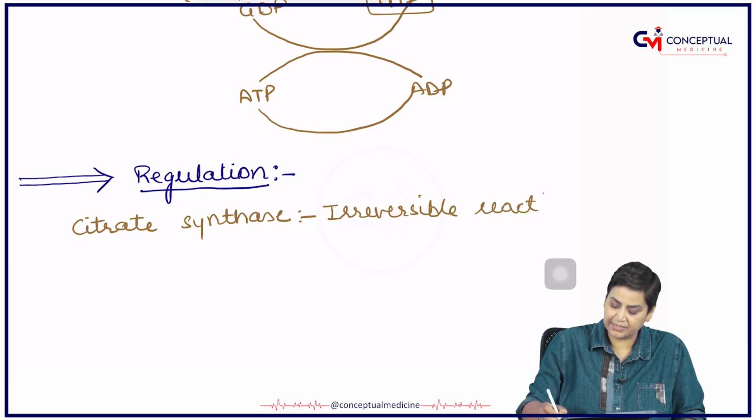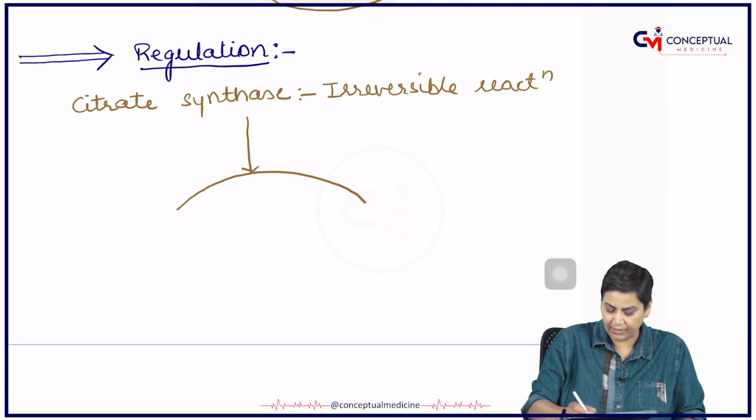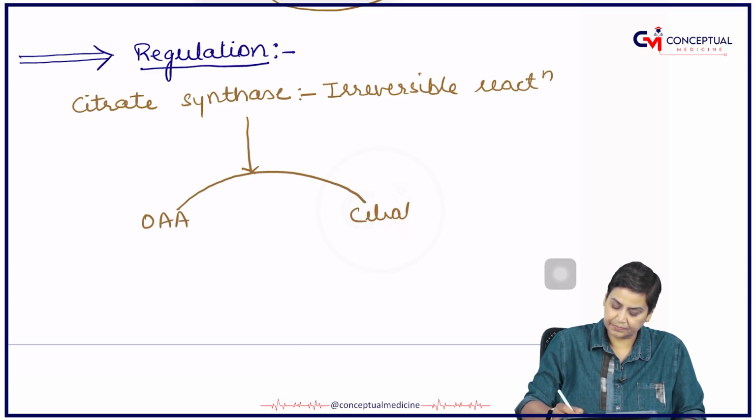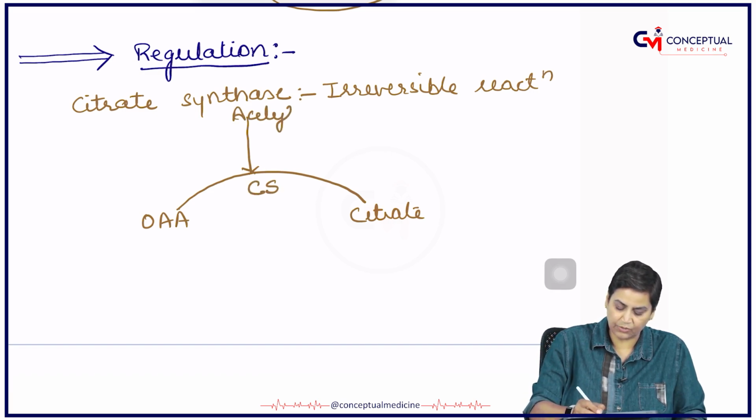And if we look at this reaction, we can simply say that acetyl coenzyme A is coming like this, and this oxaloacetic acid is forming citrate. And here the enzyme will be citrate synthase, which is governing this acetyl coenzyme A.